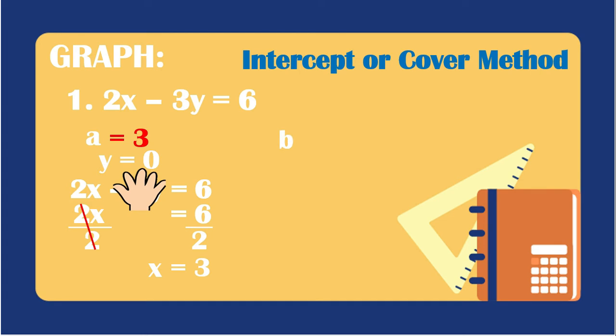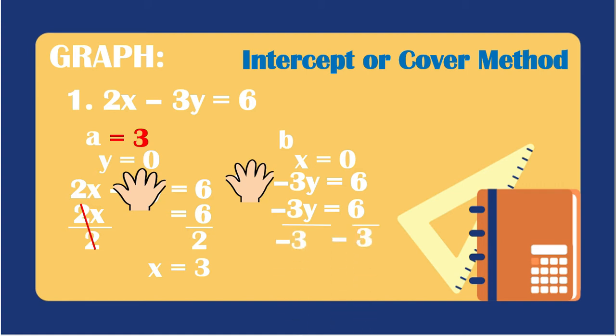For the y-intercept or b, x is always 0. So using the given, we will cover the term with x, so we cover 2x. The remaining terms are -3y is equal to 6. In order for us to get the value of y, we need to divide both sides by -3.